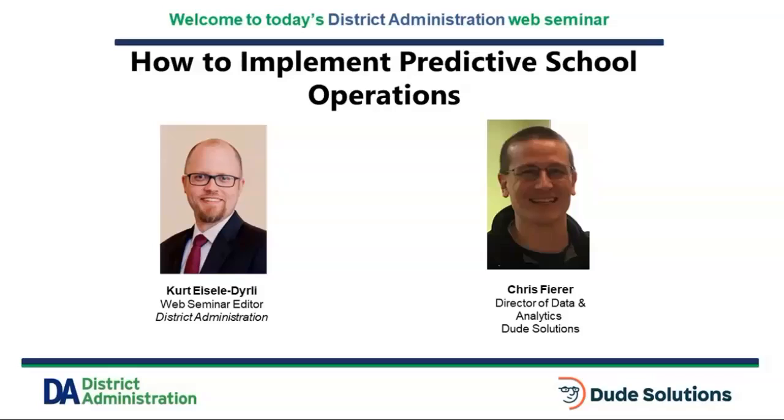Predictive school operations is key to maximizing the efficiency of school facilities operations. By using the right data effectively, administrators can forecast future needs and allocate resources more strategically. Today we'll be learning more about predictive school operations and how this strategy can help administrators in any school system to maximize their time, budget, and resources.